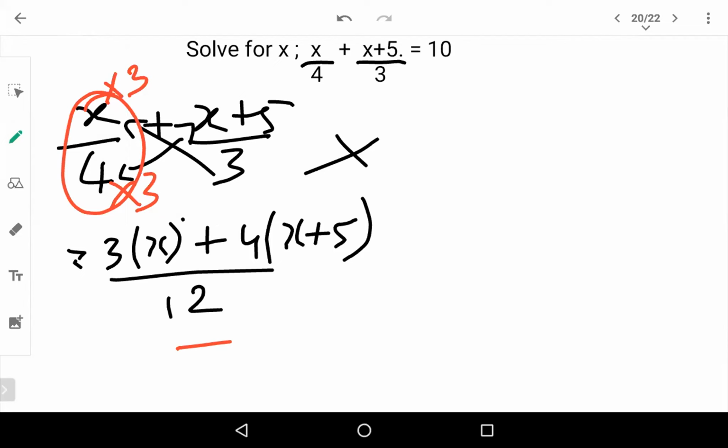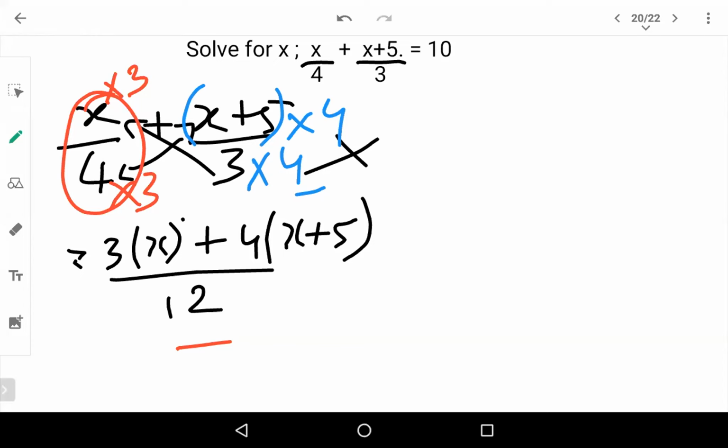Now, for the other expression here, if I multiply into 4 in the denominator, I will get 12. 3 4s are 12. Since I am multiplying by 4 in the denominator, I should also multiply 4 to the whole of the numerator. Cross multiplication is not simply done, it is done with a reason.